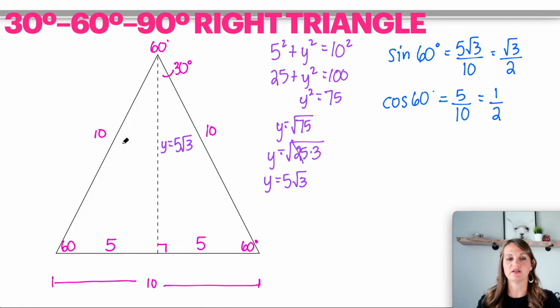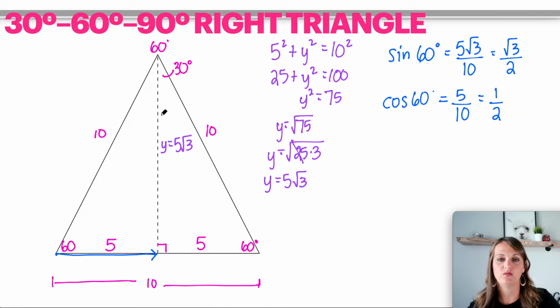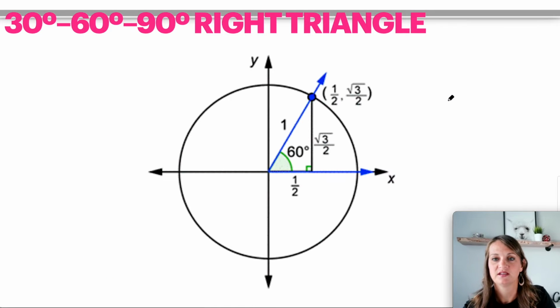It does not matter if we chose 12 here, then that would be 6 because it got cut in half. And it will always work out to where that number is going to be 6 times the square root of 3. So if we had this coordinate point and we went over and then went up, the cosine would be 1/2, square root of 3 over 2.